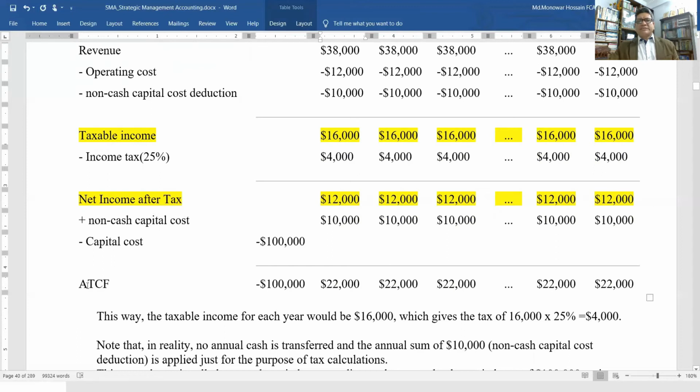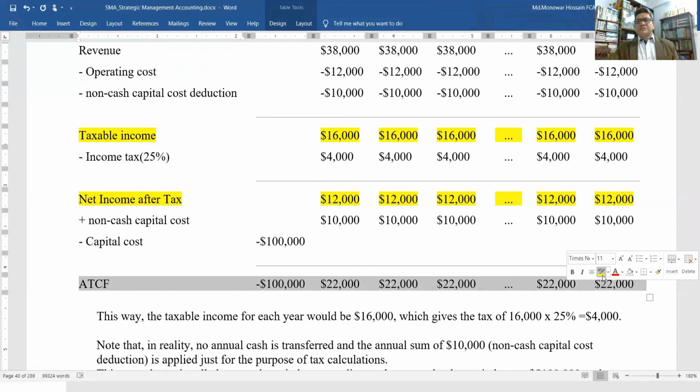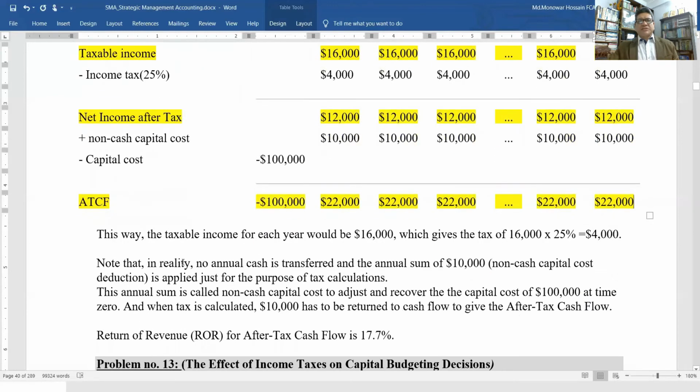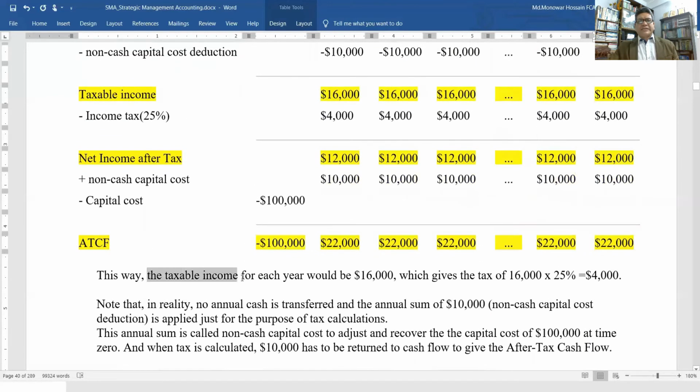So after-tax cash flow is 22,000 every year. So this way, the taxable income for each year would be 16,000, which gives the tax; that means here we calculate 4,000 as income tax. Okay.